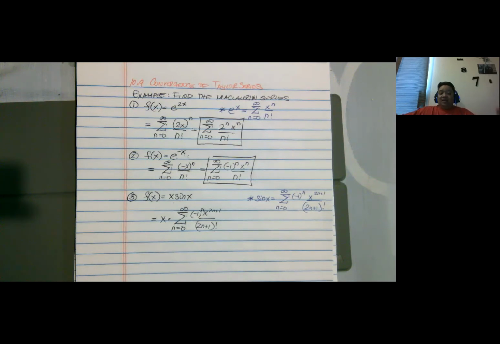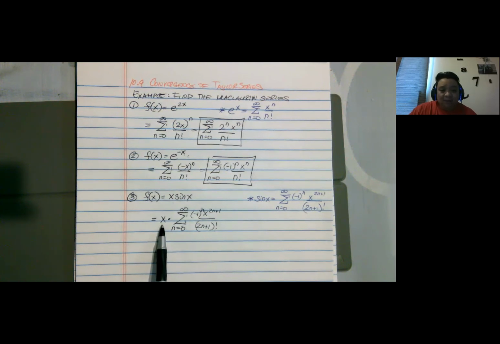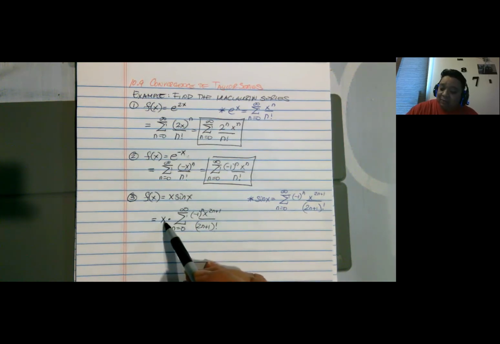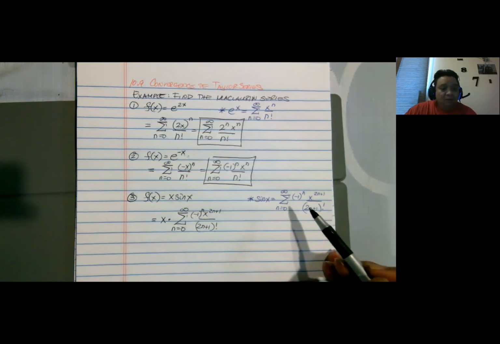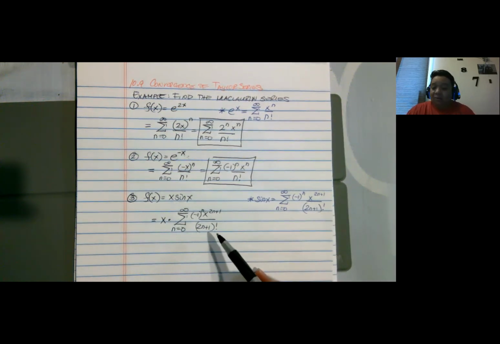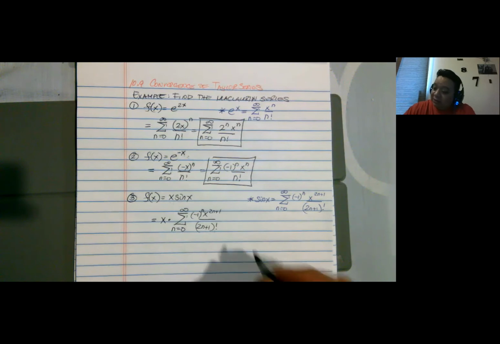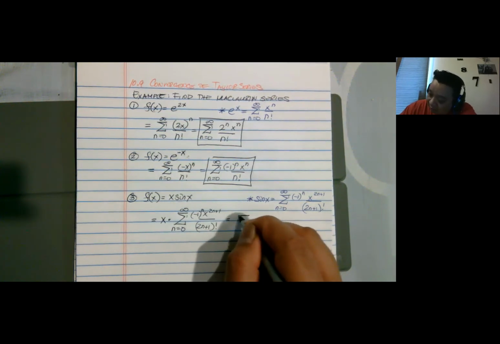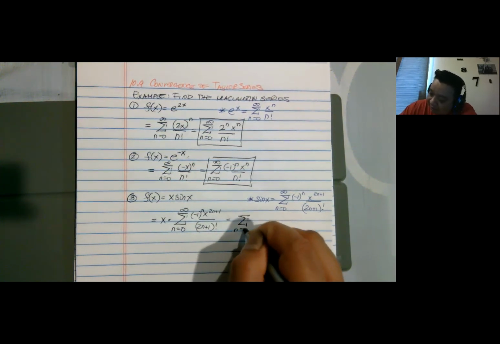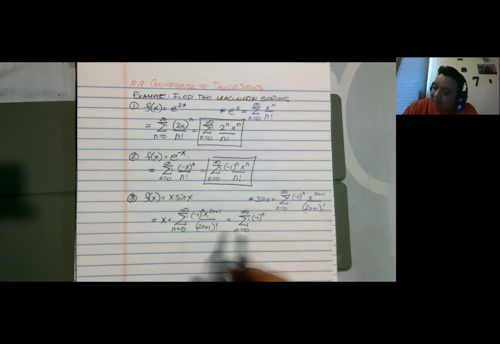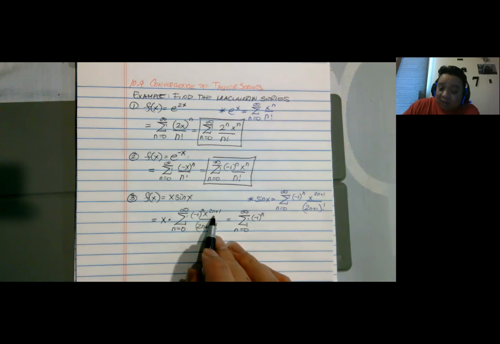Okay. And so when you have a term times a polynomial, the term just gets distributed. So you just end up multiplying x to each term. If you multiply x to each term, all you're doing is increasing each term by a 1 power, because this is x to the 1. So the result would be from n equals 0 to infinity of -1 to the n, and I'm just going to end up adding 1 to this one.